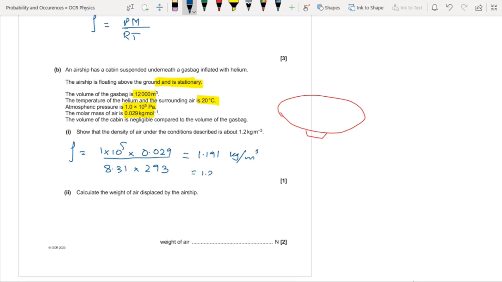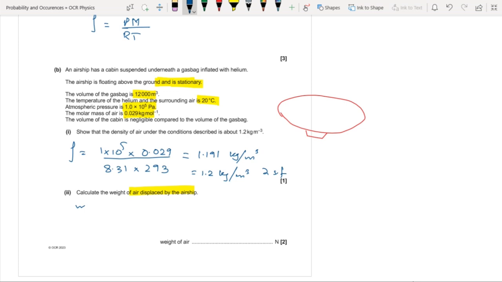In fact, we should calculate the weight of the air displaced by the airship. The weight of air displaced can be calculated by calculating the mass of air displaced. And since we know the density, it can be calculated pretty easily.